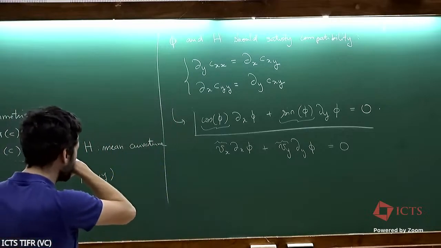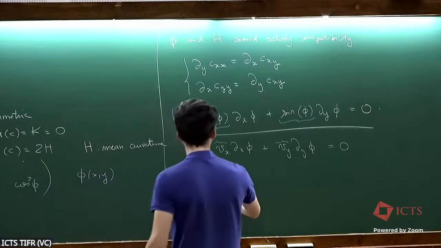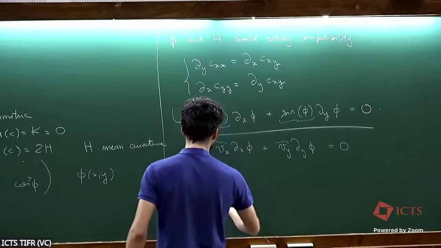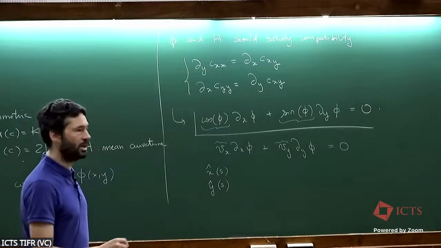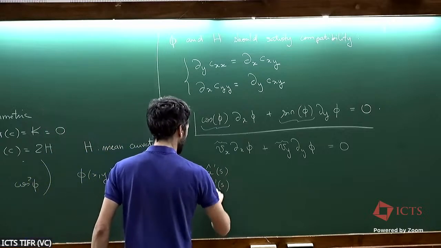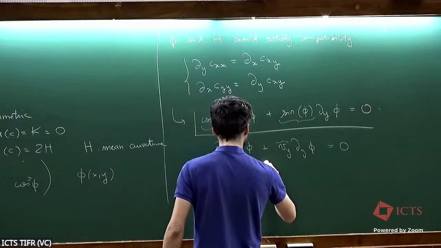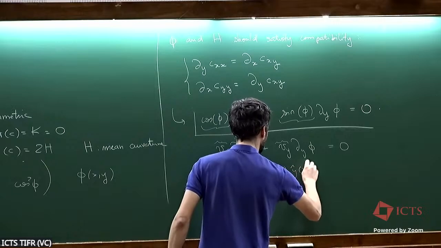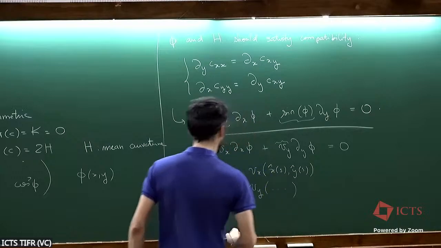Then you introduce the characteristic curves, parameterized with an internal parameter s, which should satisfy x hat prime equal to V_x of x(s), y(s), and the same for V_y.